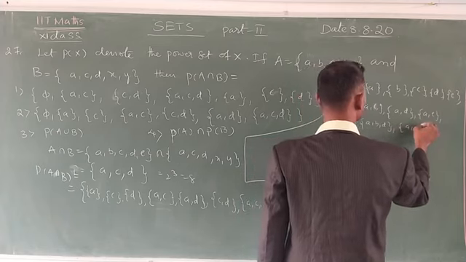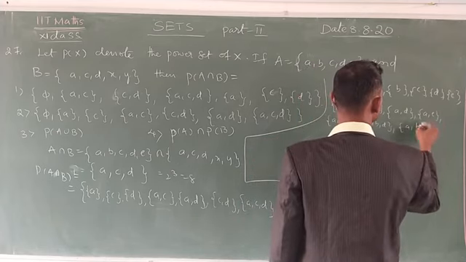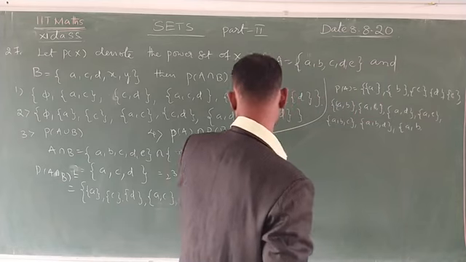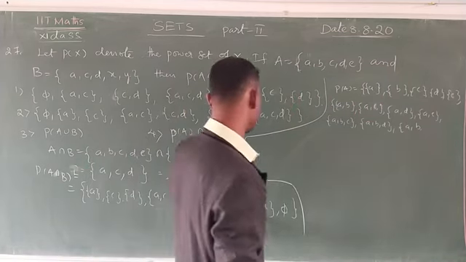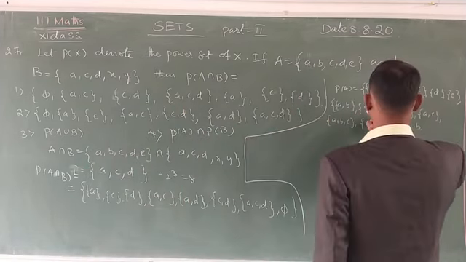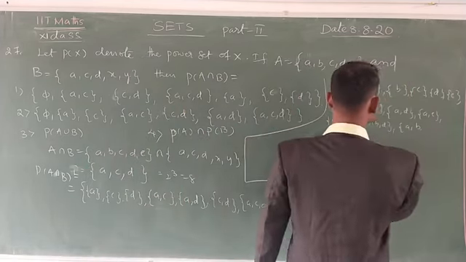No need to take 3 elements here, only 3 is there. ABD 3 elements also there. Here ABC, ABD, ABE.